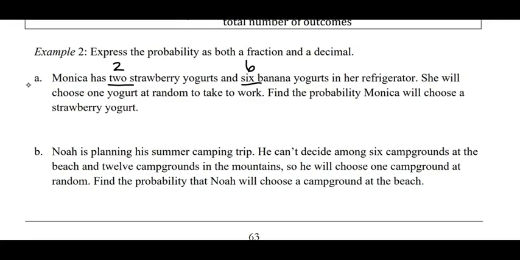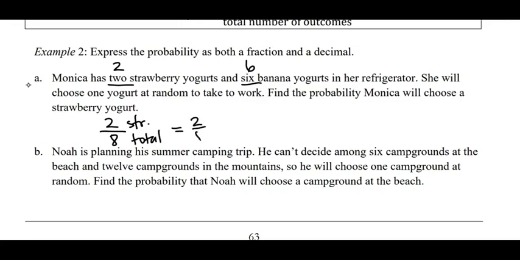So 2 of strawberry. But how many total yogurts are in there? Well, you have 2 strawberry and you have 6 banana, so you have 8 yogurt containers in your refrigerator. So 2 strawberry, 8 total.